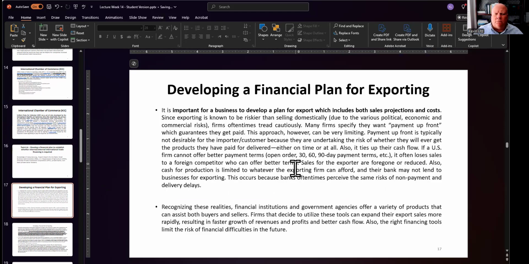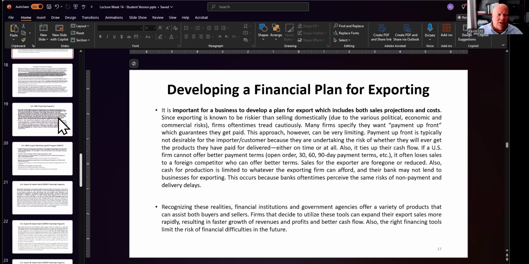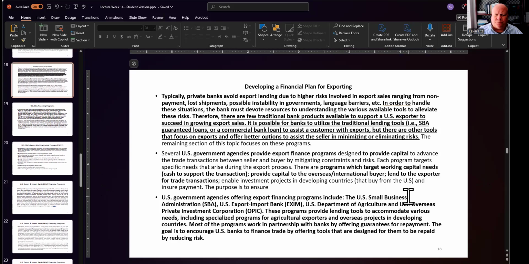Now, financial plan. If you are the international department, then obviously you're not just going to have, gee, these are the products, this is technical, this is where we're going to go. Part of your business plan for international is obviously going to be the financial. You're going to have to set up payment terms. When and how are we going to receive payment from customers?